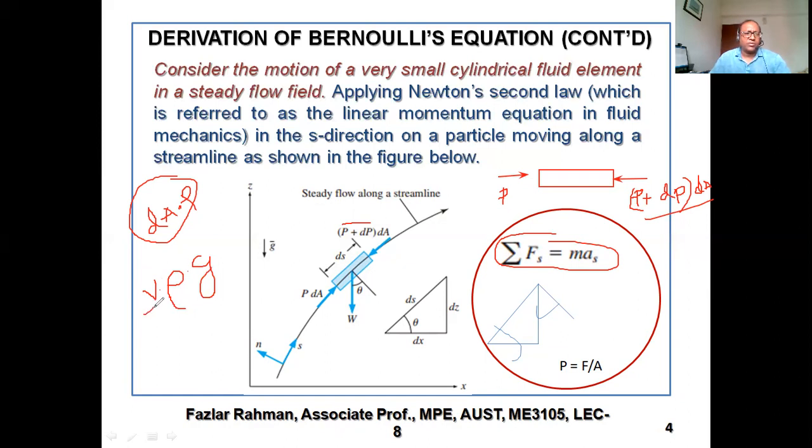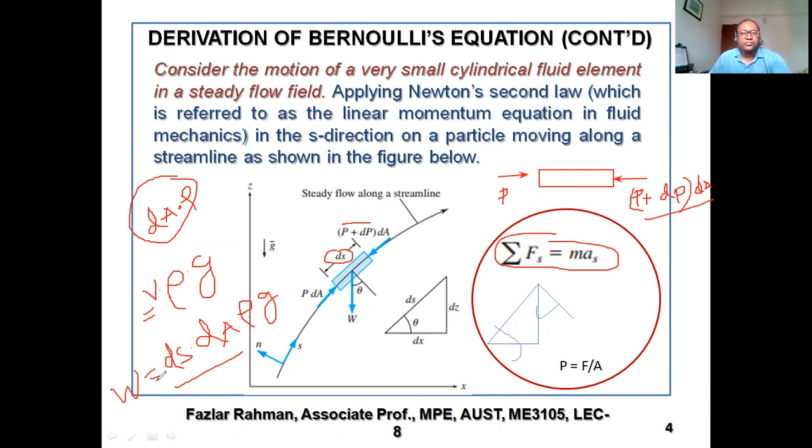How do we figure out the volume? The length of the fluid element is ds. So length times cross-sectional area gives you the volume of the fluid element. Then you multiply by rho, then g. This will be the value of W.